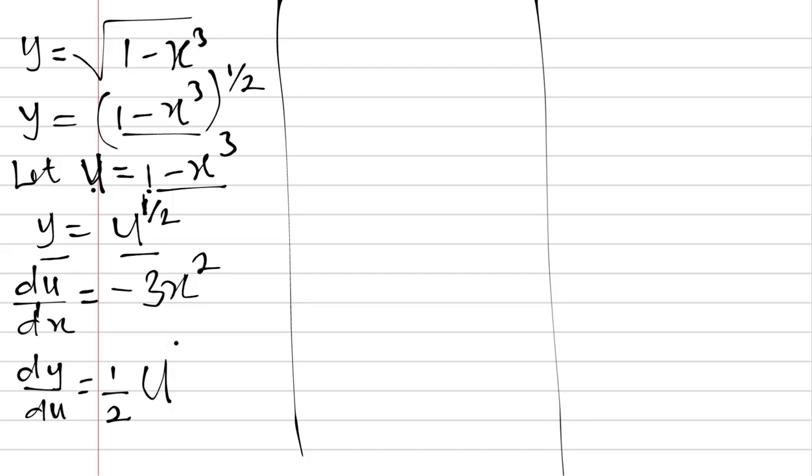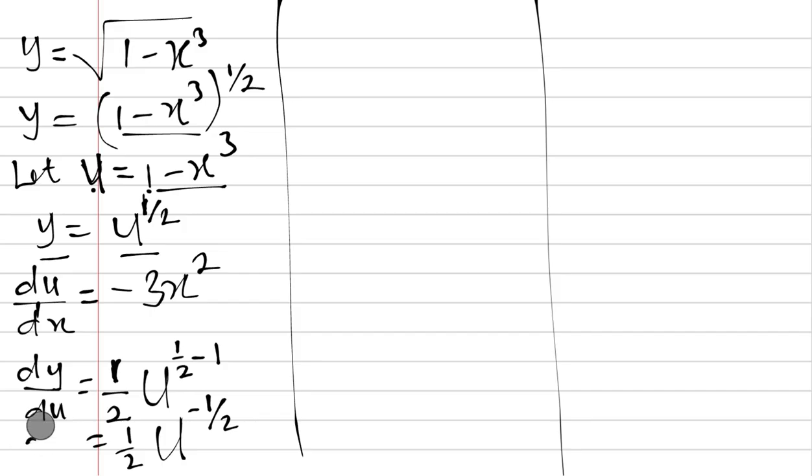Let me explain something there. You know that if you want to differentiate u raised to power 3, you will say 3 minus 1. That is what I want to apply here, because it is a fraction. So you have to be careful. So this will be 1 over 2 u raised to power 1 over 2 minus 1. Are you seeing that? And that now gives us 1 over 2 u raised to power minus 1 over 2.